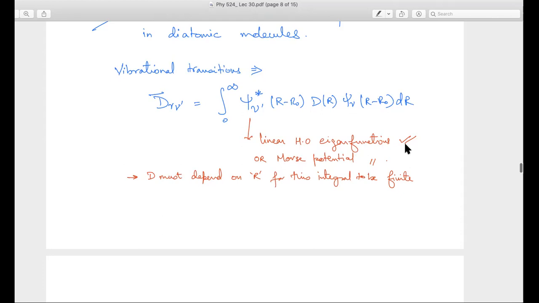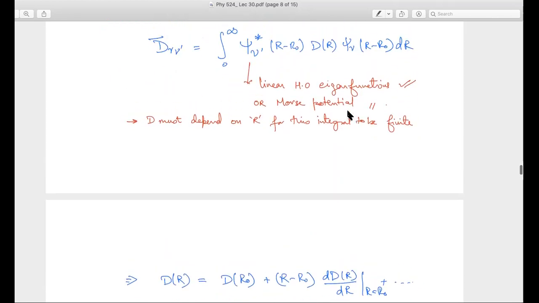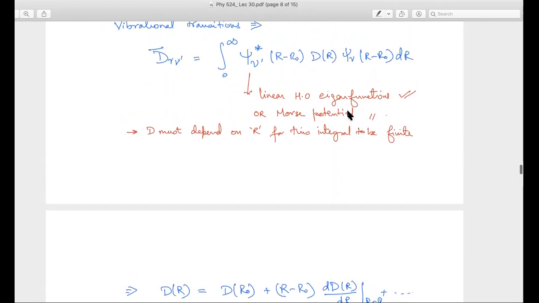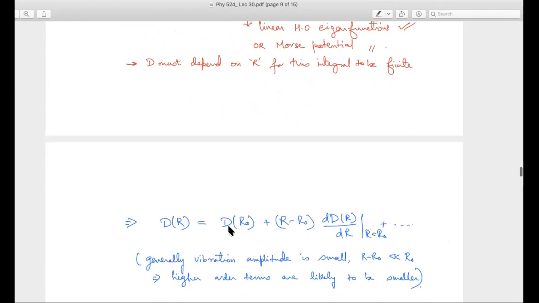Okay. So immediately we see that if D is independent of R, then the orthogonality of nu and nu prime will give me that the dipole matrix element is 0. So that's number one. So then let me assume that d(r) is a complicated function of r, and you do a Taylor series expansion. So d(r) is equal to d(r naught) plus (r minus r naught) times dd/dr at r naught, plus quadratic order terms and so on.